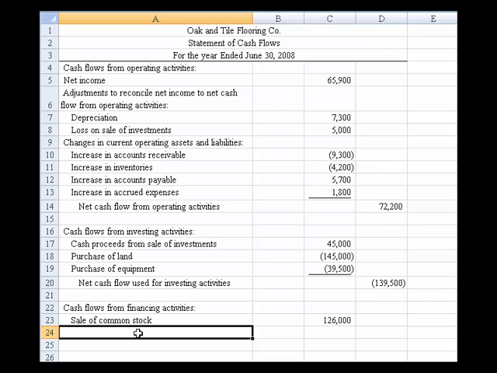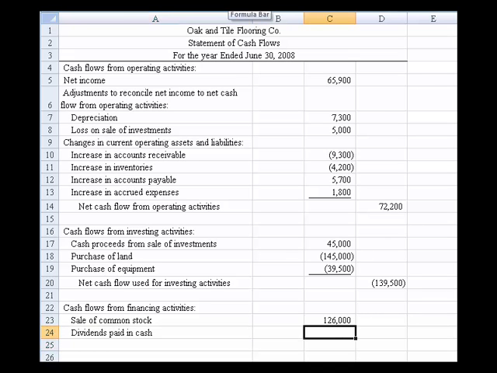We can jot in a line item that says dividends. I'll call this dividends paid. You could say dividends paid in cash, or payment of cash dividends. And that cash dividends was the $50,000 that they told us about that was declared, but all but $2,500 of it was paid during this period.